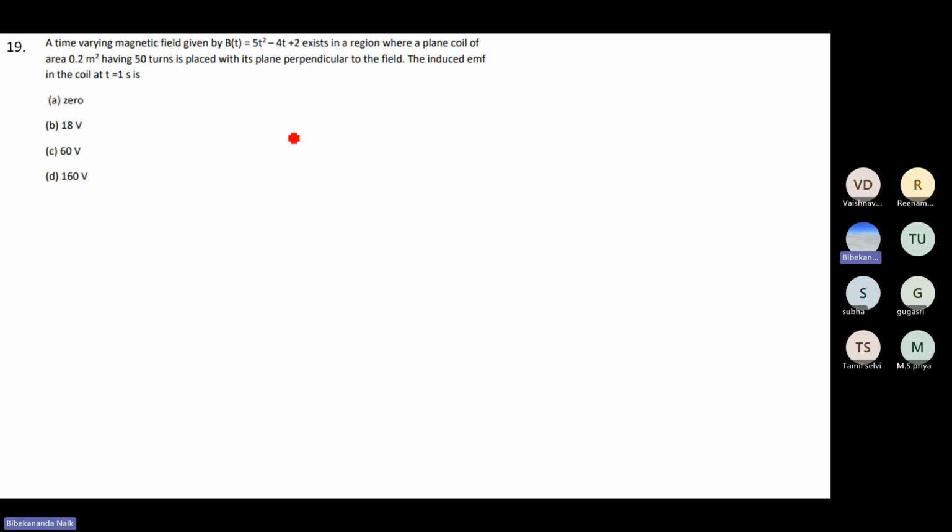Now we had already discussed the similar type of problem. This B is 5t square minus 4t plus 2. So we know the magnetic flux is given by phi is equal to BA and N is the number of turns, BAN.